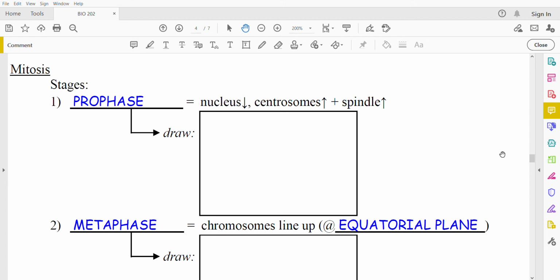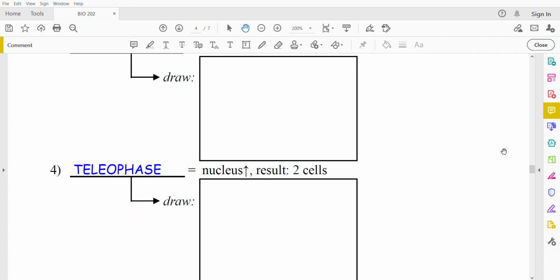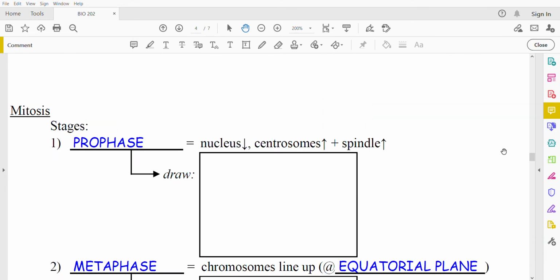So they were identical to their parent cells and also to each other. And the stages of mitosis are going to be prophase, metaphase, anaphase, and telophase. So four stages for us to know regarding mitosis.